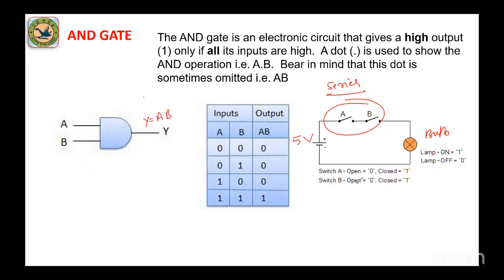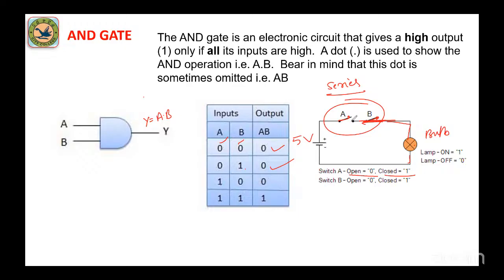So you know that open means 0, closed means 1. Here both the switches are open. Is current flowing towards the bulb? No. So in this condition, the bulb doesn't glow. A open, B closed: in this condition also current is not reaching the bulb.